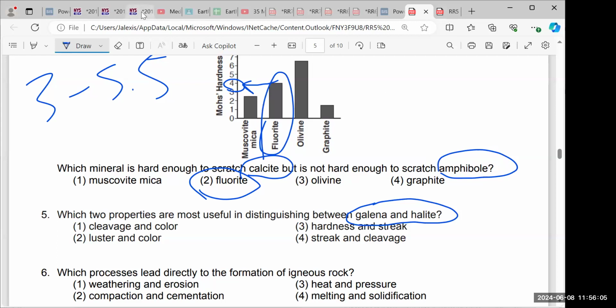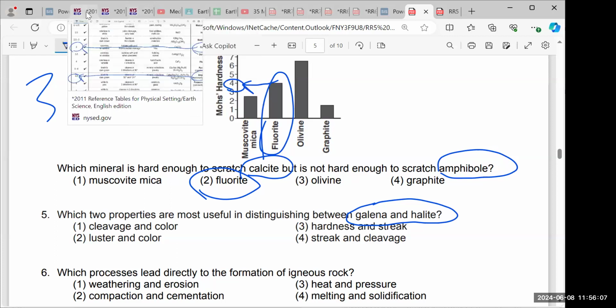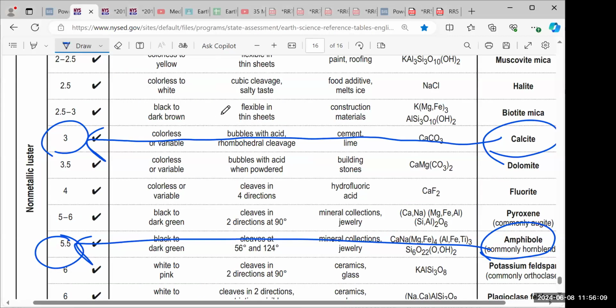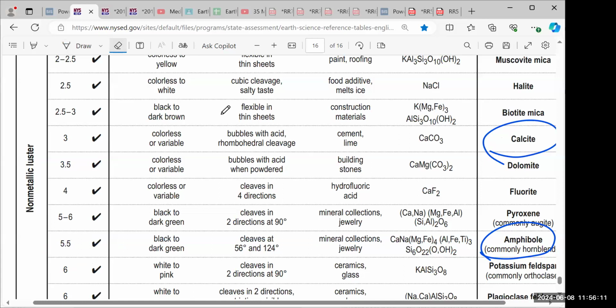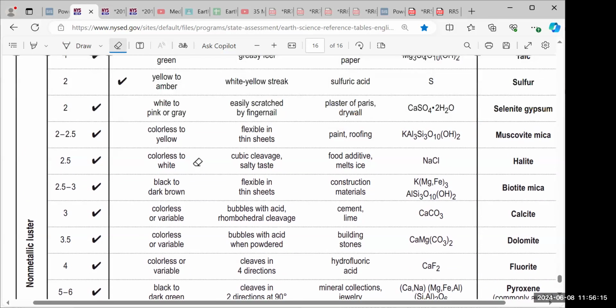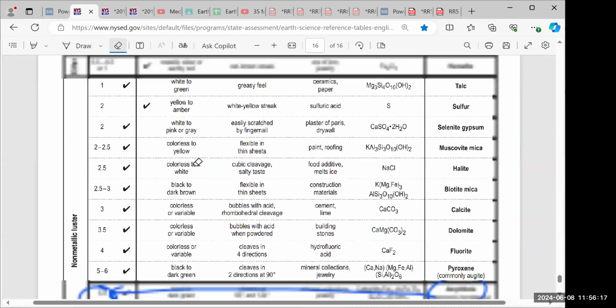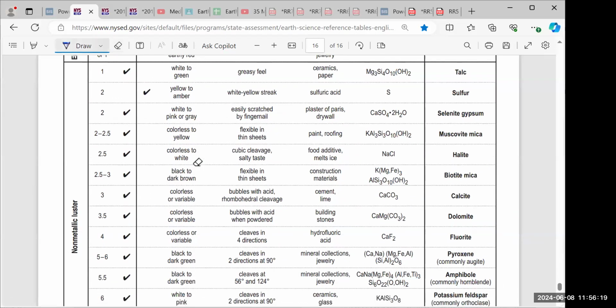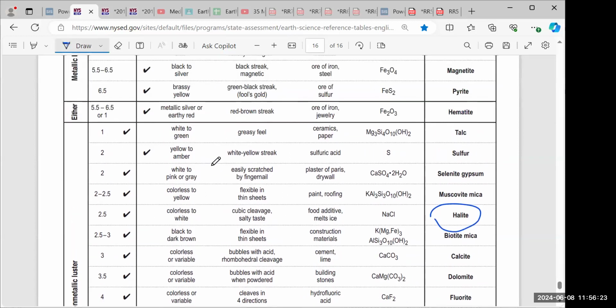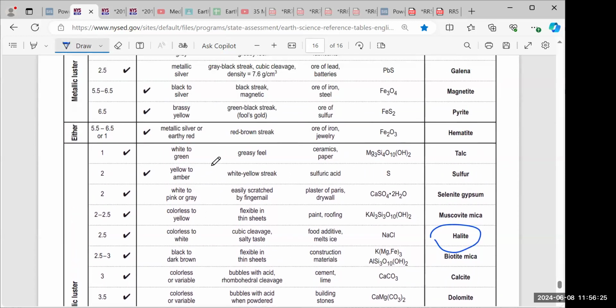So let's go to page 16, and we're going to find galena, and we're going to find halite. All right. Let me zoom out a little bit. So I found halite and galena. Here we go, galena.